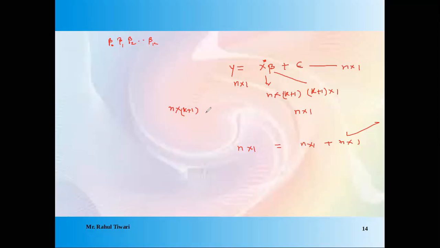Okay. So once you understand the model with its dimensions, this is the way you can always set up the model. And once you understand the model, we can go to its assumptions.